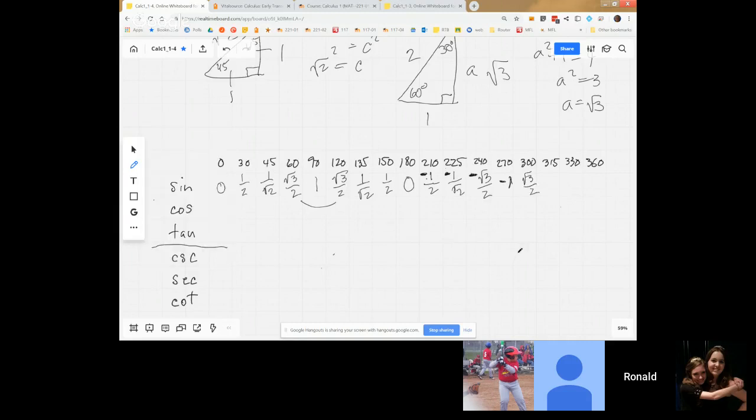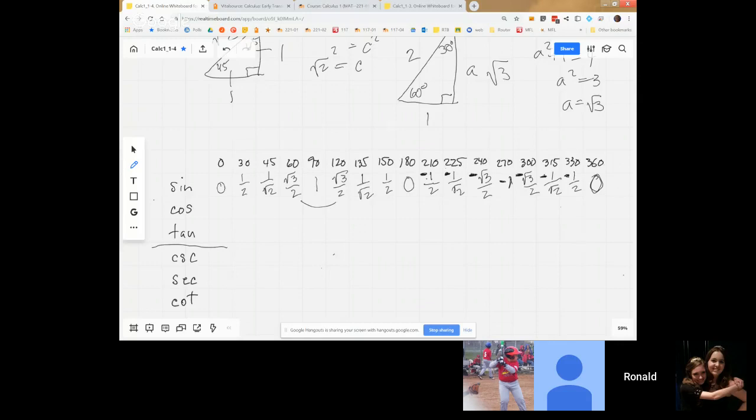Because we are down in the fourth quadrant, we know that sine is negative. 315, 45-degree angle, so the same as the sine of 45, we have a negative again. And 330 is just 30 degrees from the x-axis, so that would be 1/2, and that would be negative again. And finally, we're up to 360, which is the same as 0, and the sine has no height at that point.